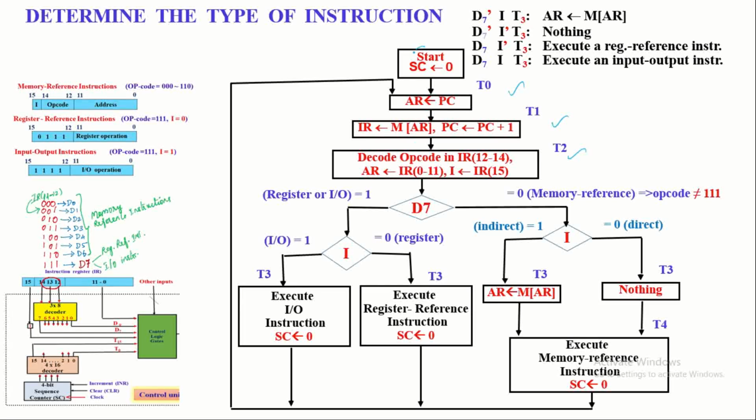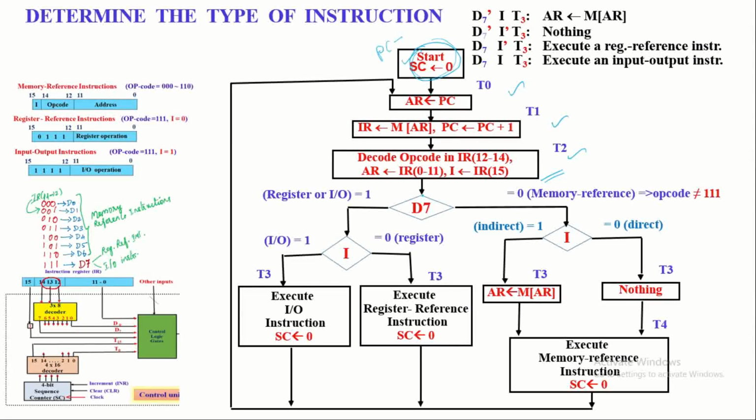You can also observe here, before the starting of the instruction cycle of the first instruction in the program, the sequence counter is set to 0, and also you can assume the program counter is pointing to the address of the first instruction in the program. After doing this micro operation, the instruction cycle of the first instruction starts, and up to this step we already discussed.